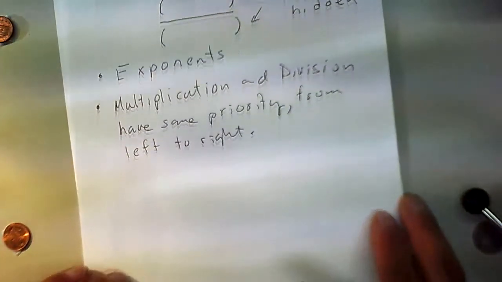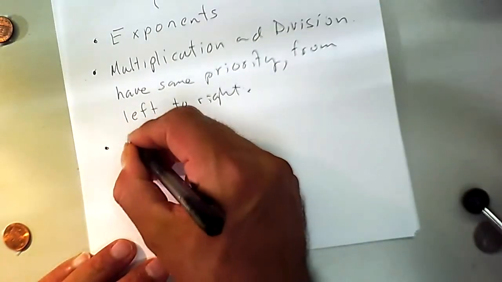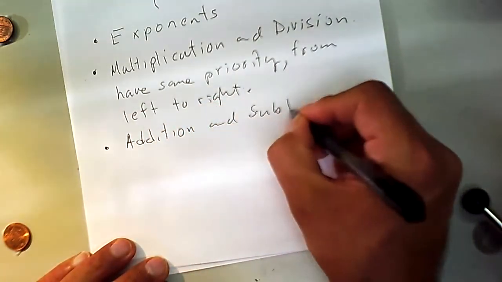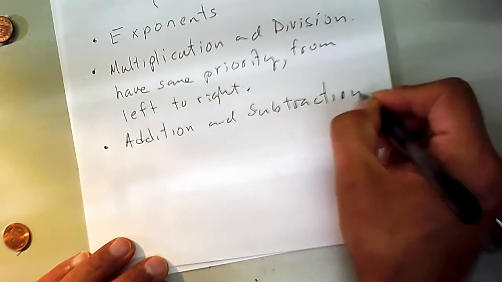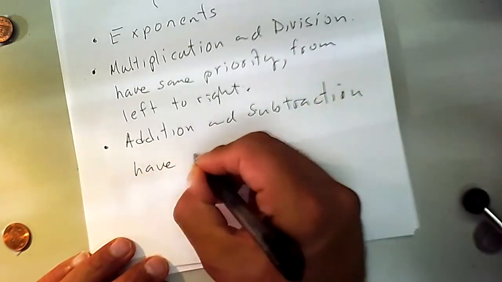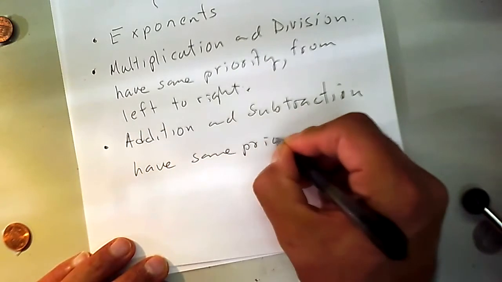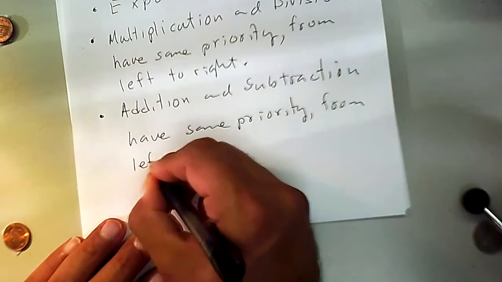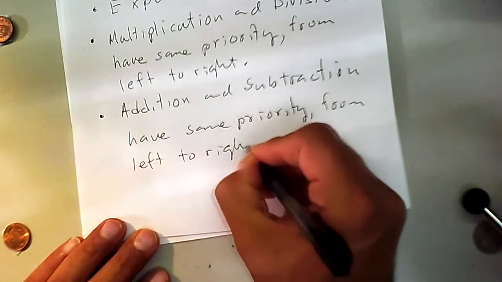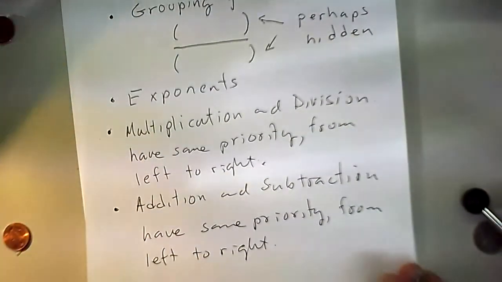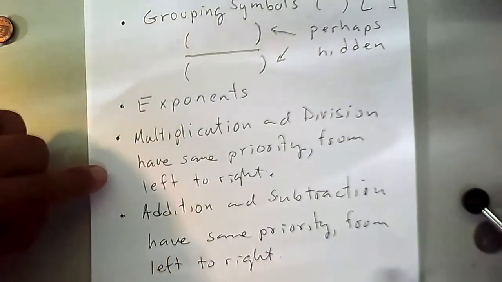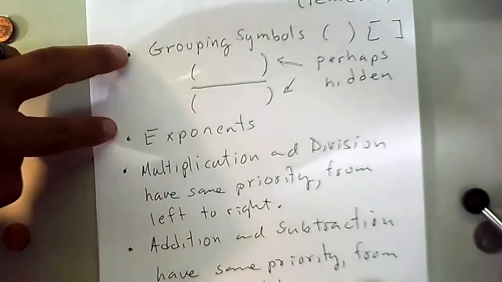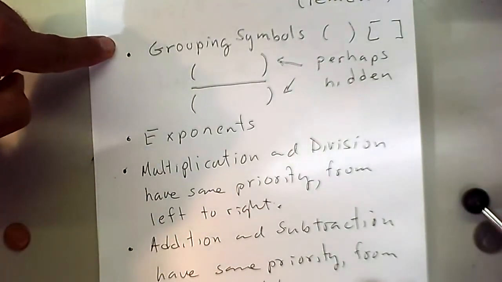And then the A and S, addition and subtraction, have same priority, from left to right. But the way we write these bullets is such that the grouping symbols, if there's a competition between those two, the grouping symbols wins.